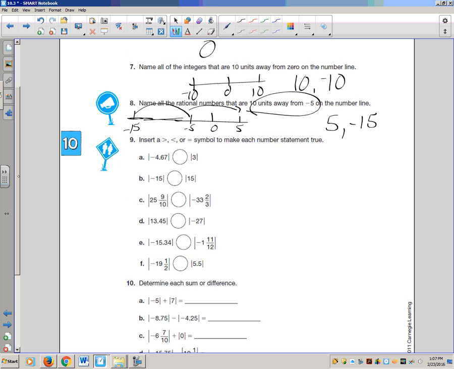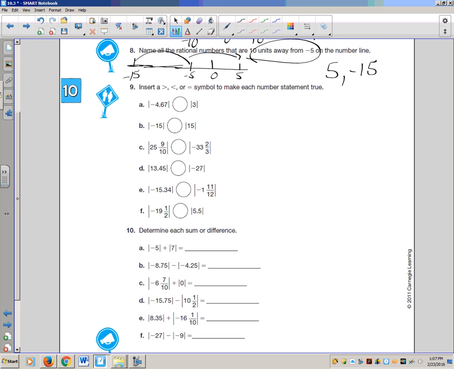There's a few practice problems I'd like you to do, 9 and 10. I'm going to do a couple with you. The absolute value of -4.67, the absolute value of 3. When you're doing these, write the absolute values down there. This time, it's greater. B, the absolute value of -15 is 15.